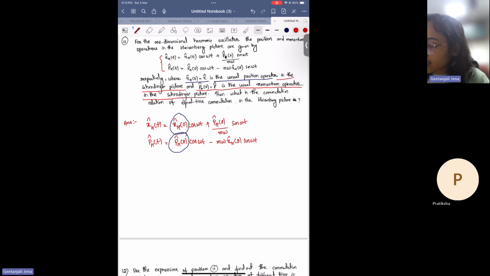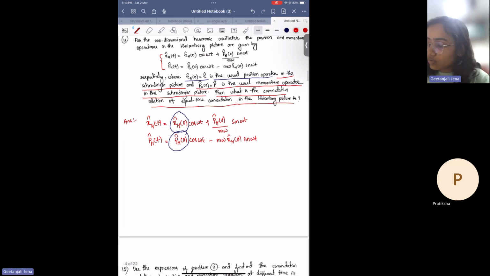Then it is asking what is the equal time commutation relation in the Heisenberg picture, that is, the commutation relation of position and momentum at equal time.